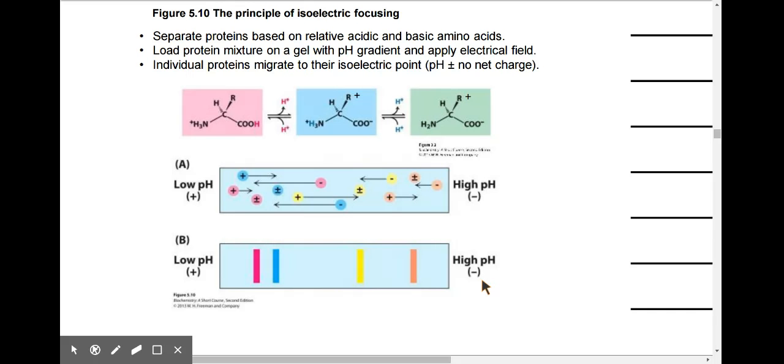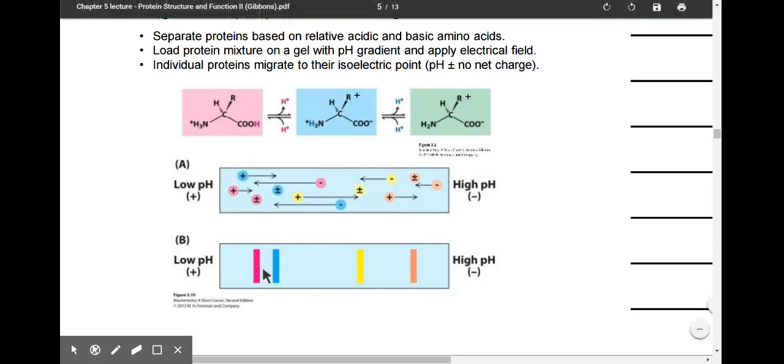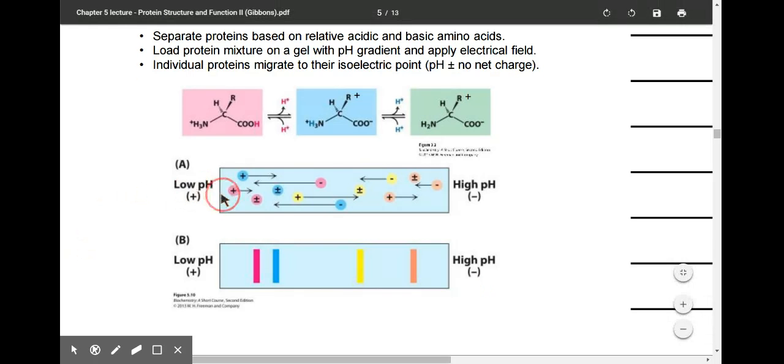And so in order to get an isoelectric point, and that's what isoelectric focusing takes advantage of, the isoelectric point. We're going to put our protein mixture into a pH gradient that has a charge associated with it, positive and negative. Where would a species like this head toward in a pH gradient? Toward the positive pole or the negative pole?